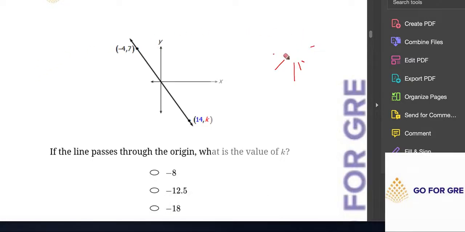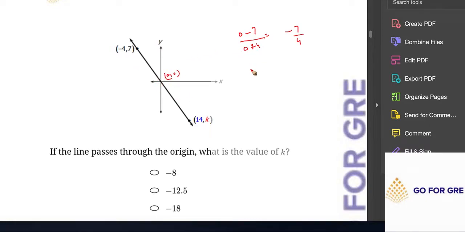Now in this question we have to find the slope, what is the value of k. Now let's consider this is 0, 0, this is the region, from the region to here let's find the slope. So 0 minus 7 over 0 minus minus 4, 0 plus 4, so it is minus 7 over 4. And from here, because the slope must be equal, we can sense the line has a negative slope.